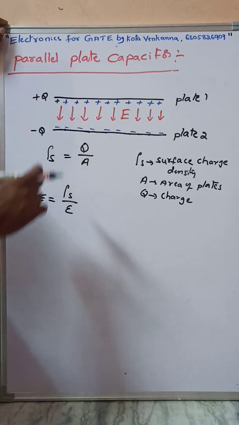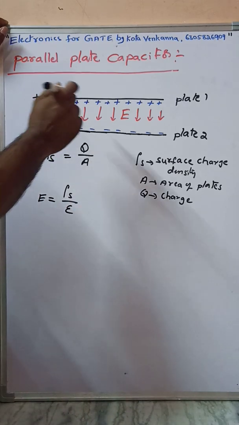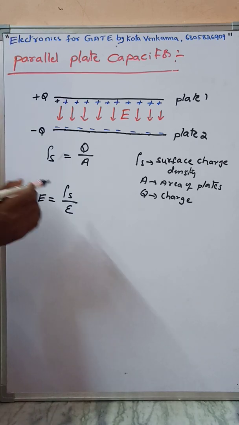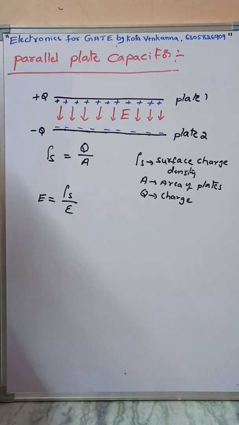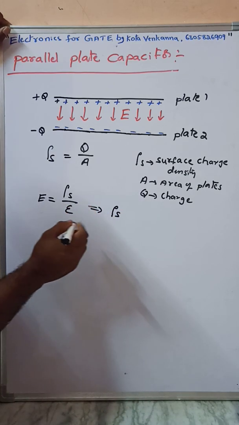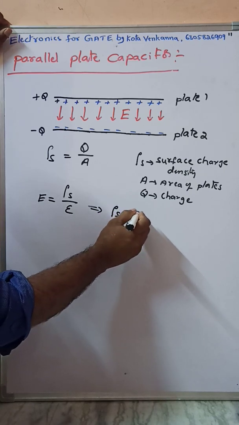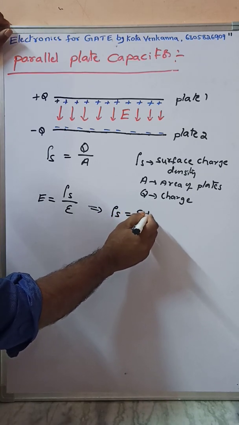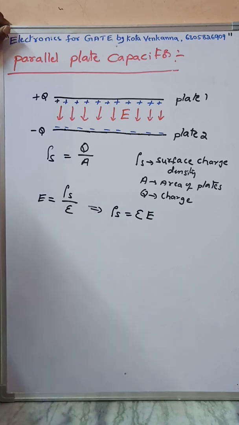The electric field between two parallel plates is E equal to rho s by epsilon. From this equation, rho s is also equal to epsilon into E.